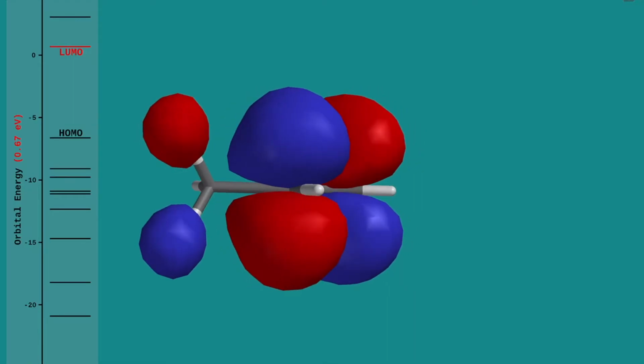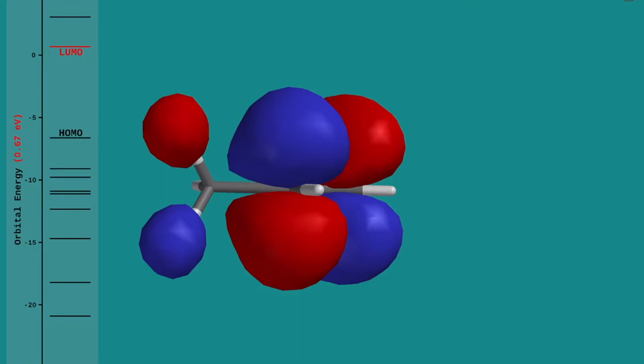We see some actual overlap between the carbon of the methyl group and the first carbon of the olefin, sort of a pi bond-like thing here with orbital density on the two hydrogens.